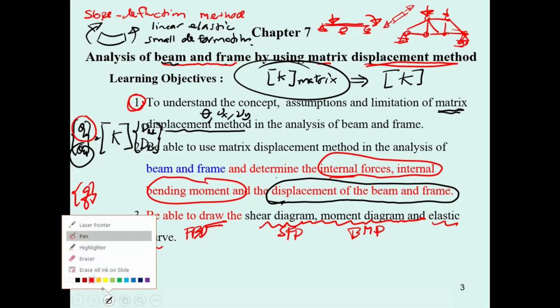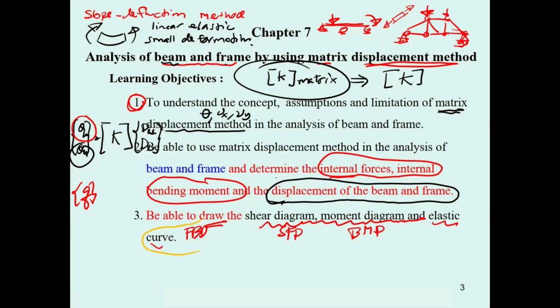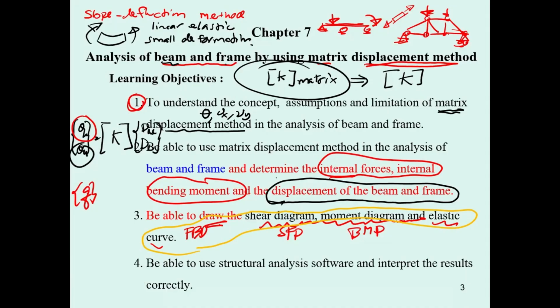So at the end, you will use your previous knowledge from the third learning objective to solve your final examination. And one more thing, I suppose you can use a computer program and compare the result that you obtain from manual calculation with the solution from the software.